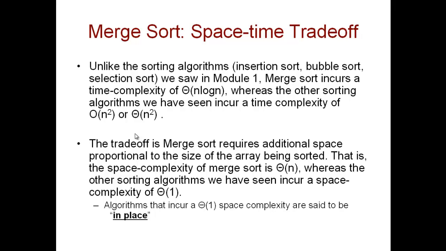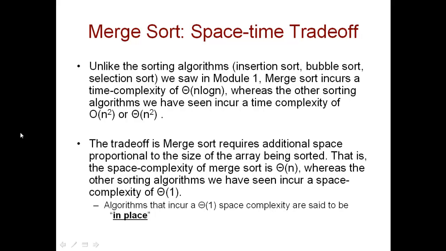Whereas merge sort that we saw now is theta of n log n. So n log n is smaller than n square, which means the time complexity of merge sort is less than insertion sort, bubble sort, selection sort, and the rest.